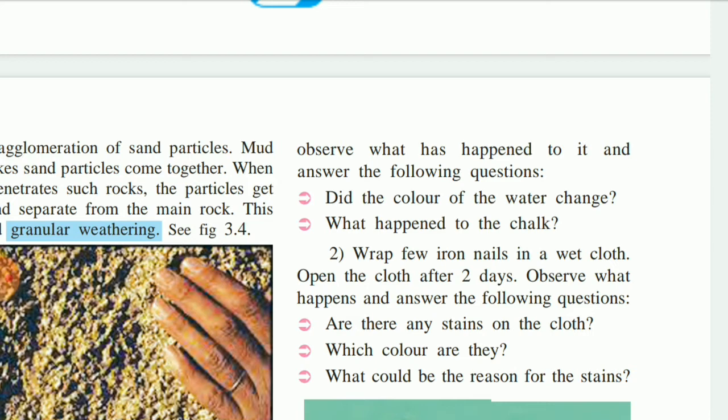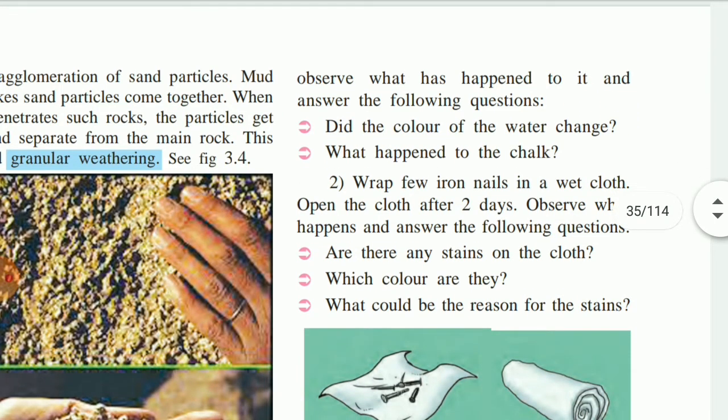The second experiment we are going to do is to wrap a few iron nails in a wet cloth. Take a few iron nails and a white piece of cloth, so that you could see what changes take place.